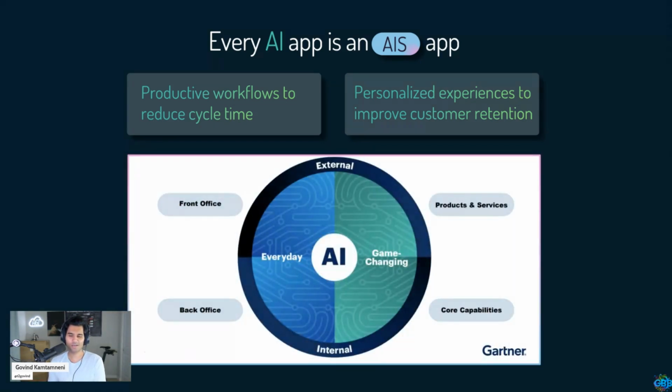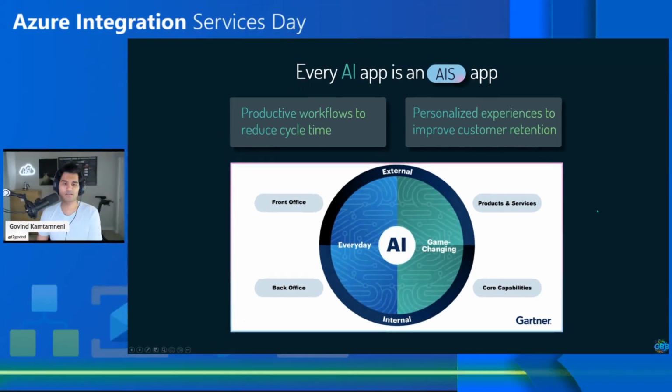This is a good chart by Gartner, and it's what I'm seeing in the industry right now: initially, a lot of internal back office applications are deployed to production to make knowledge workers more productive, but we're also starting to see, especially retailers, introduce this to external users and to personalize or hyper-personalize experiences.